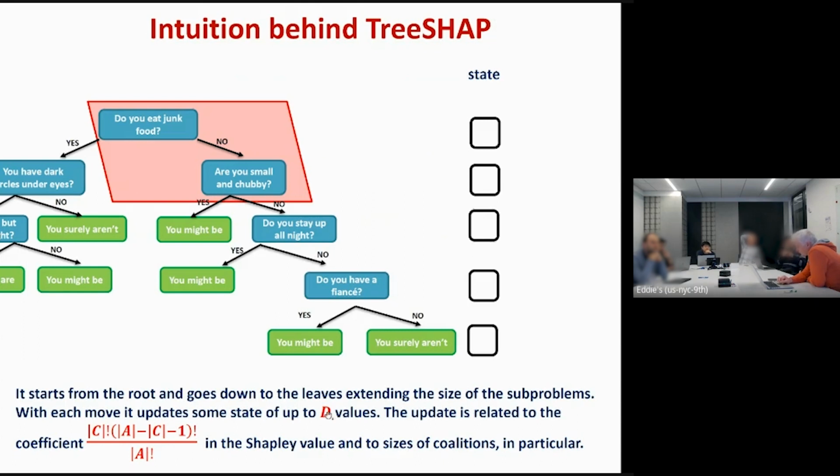Essentially, they have d values because, in each subset, the size of the... how to explain it well?